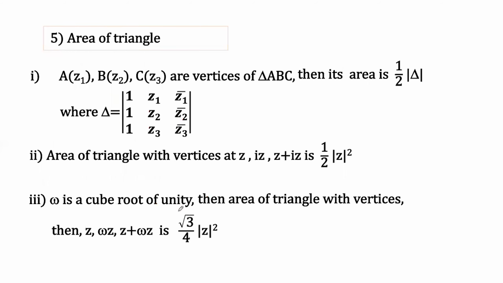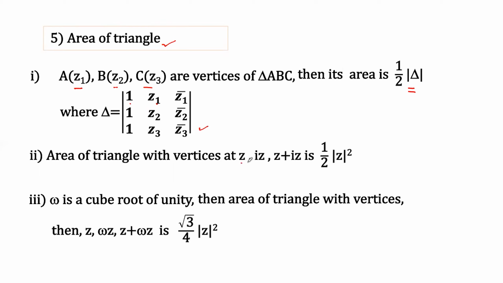And the most important formula in this case is the area of a triangle, right? If Z1, Z2, Z3 are the vertices of a triangle ABC, then the area will be half of the determinant with rows 1, Z1, Z1 bar; 1, Z2, Z2 bar; and 1, Z3, Z3 bar, right?